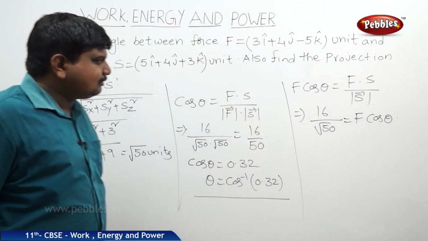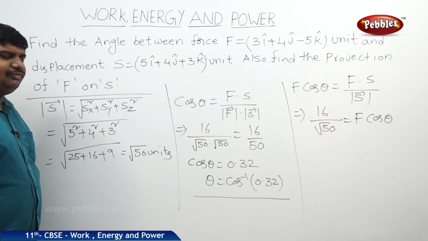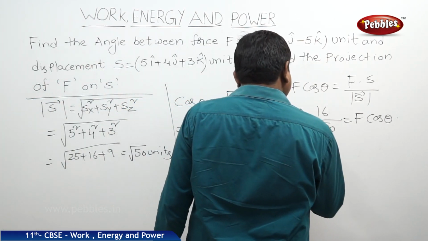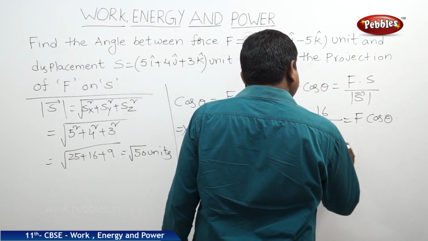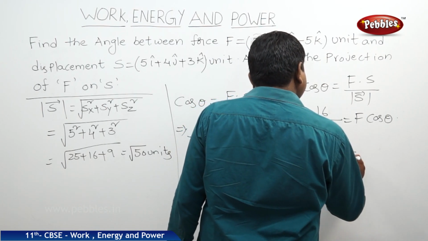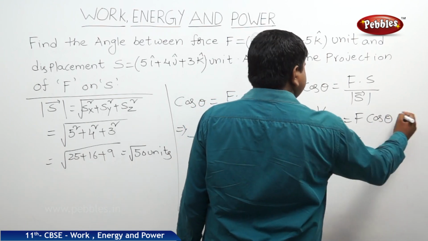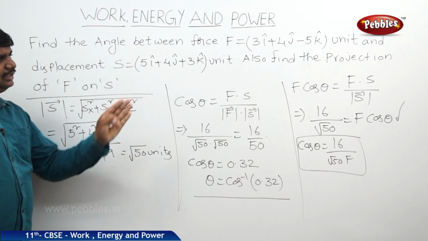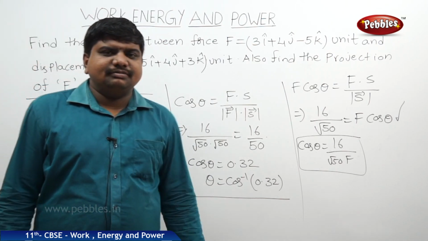So cos theta is equal to 16 by root 50 into F. So that will be the answer. This is the projection of F on S. Like that we can solve the scalar product problems.